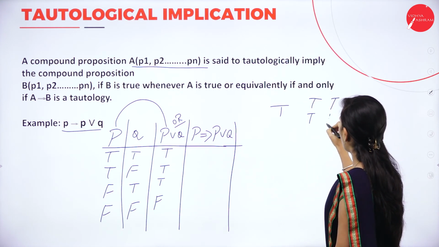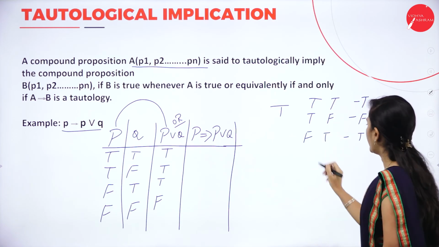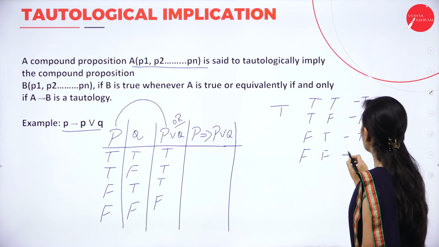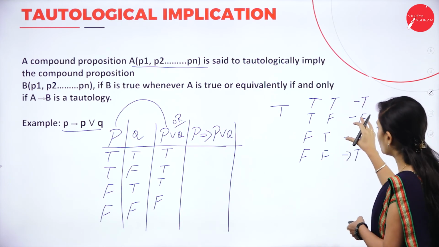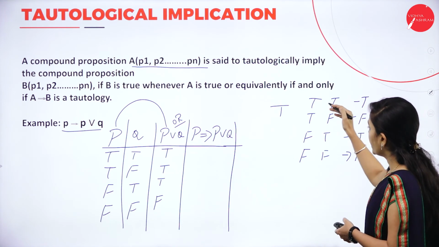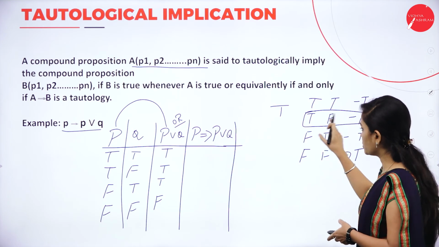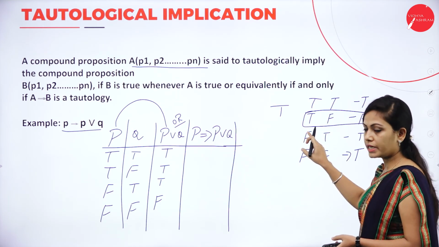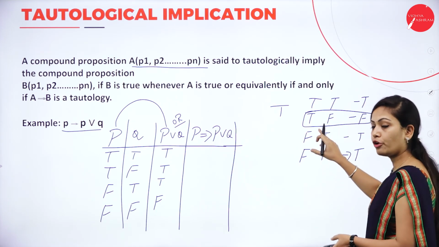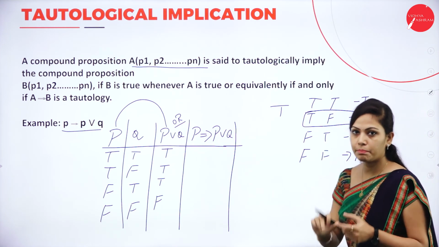True, false is false. False, true is true. And false, false is also true. This is the truth table for implication, right? If your first condition is true and second condition is false, then only the final condition is false. Otherwise, all the conditions are true in implication, right?